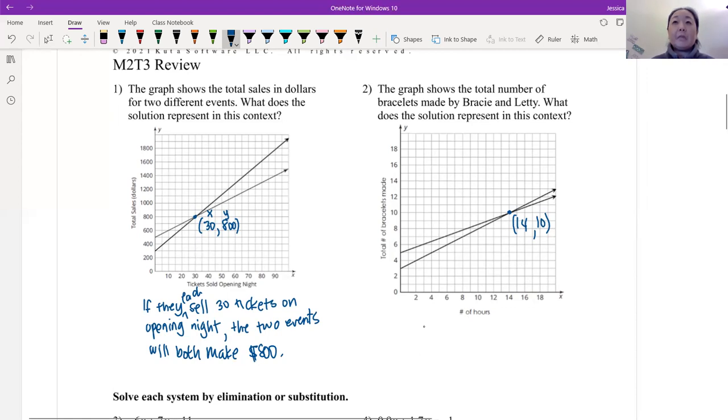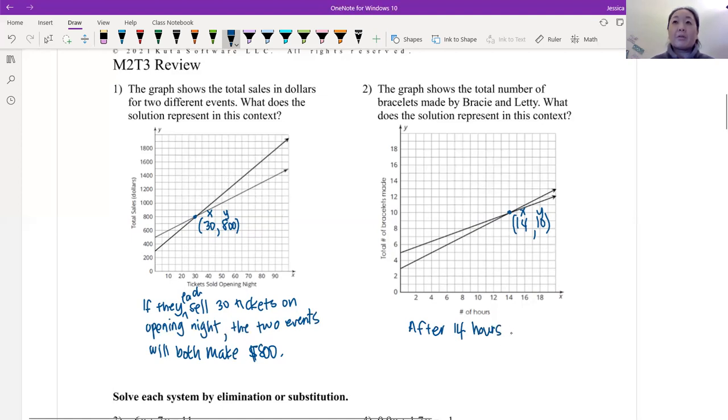So we can say, so this is our X and this is our Y. So after 14 hours, you can word this better if you want to, but you need this information.